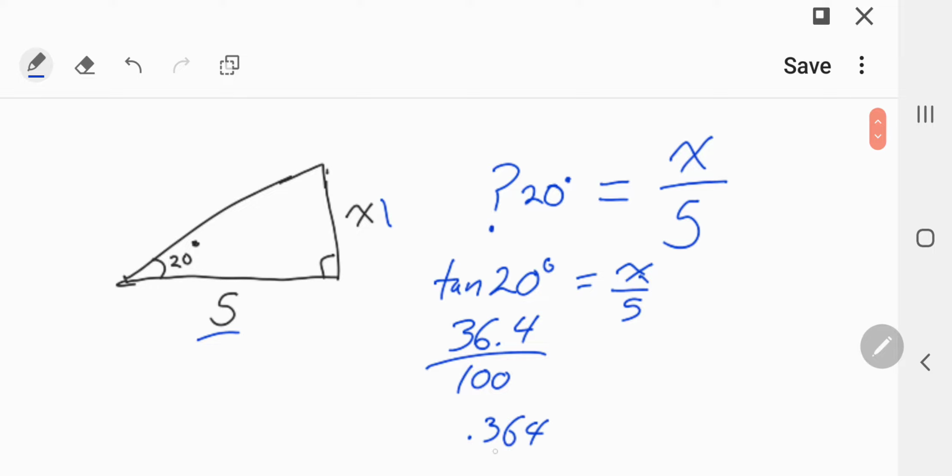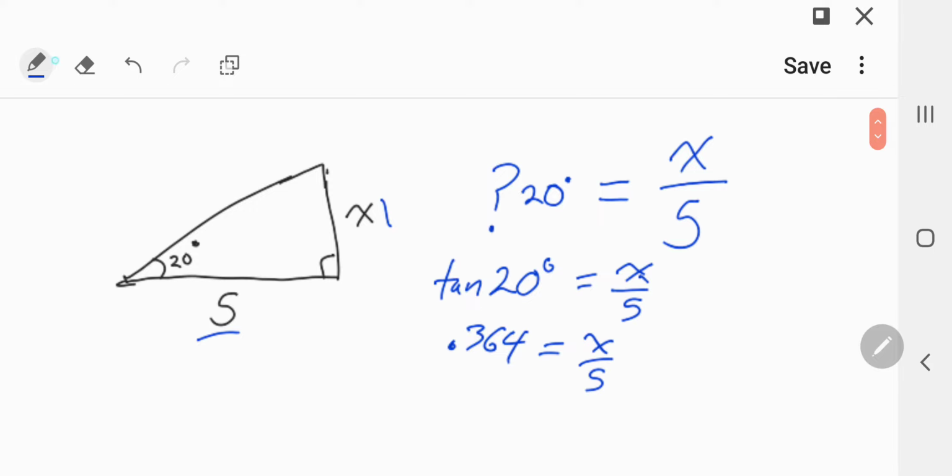So I wrote it as a ratio because we call it a ratio, but then actually your calculator spits out this decimal. So let's back it up and use that. The special ratio for tan 20 is 0.364 approximately, and that's equal to x on 5.